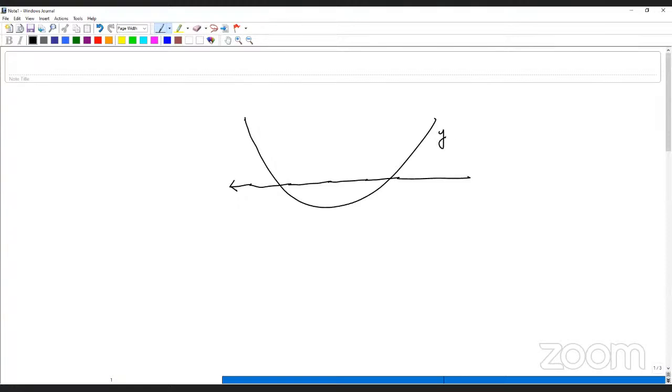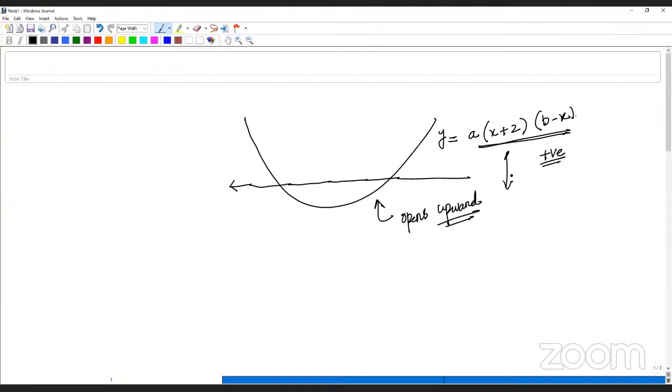So this is my equation, and from the picture, I can say that it opens upward. That means whatever coefficient I get for x square has to be positive. Next we need to simplify this expression.